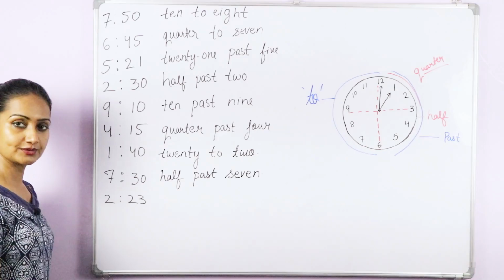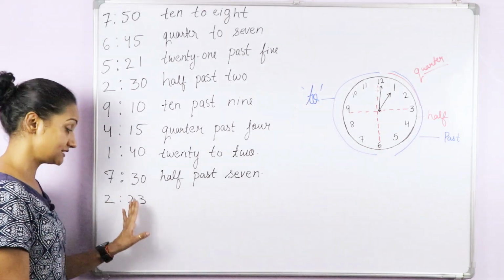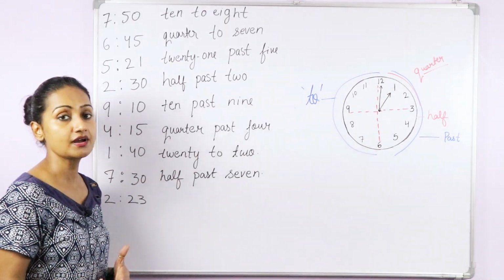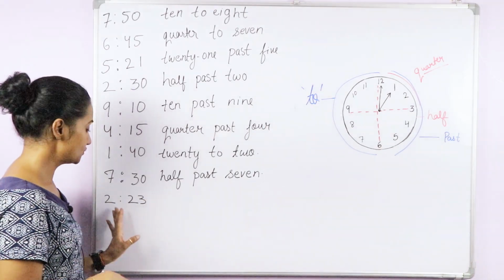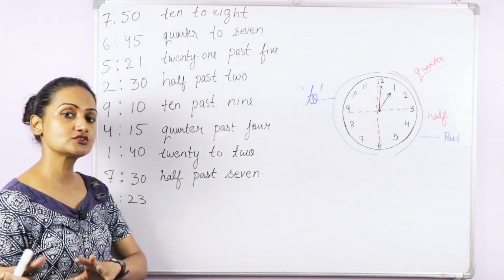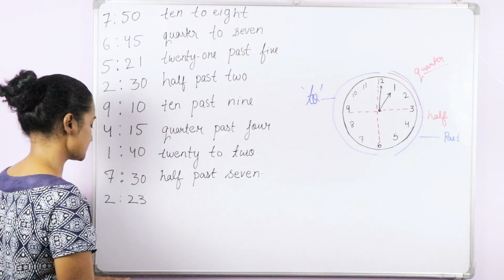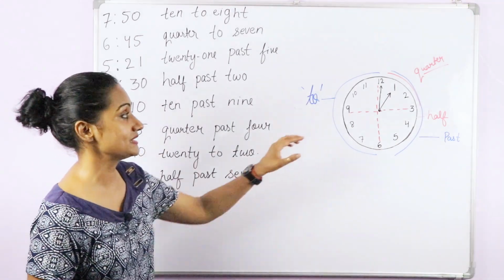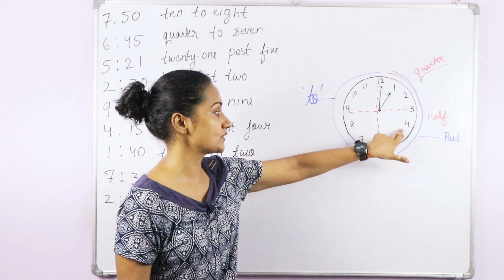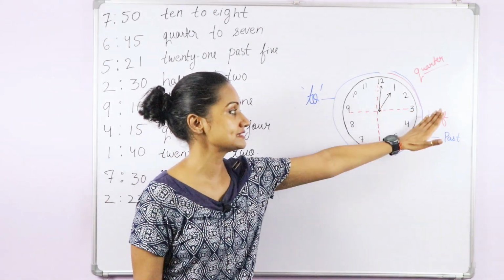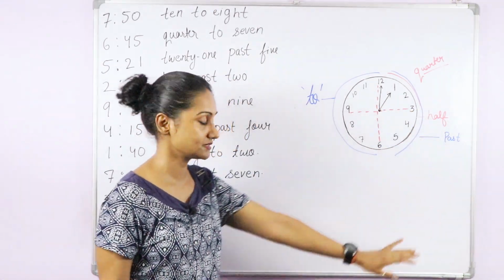Half past 7. Last one is 2:23. You can round it off. You can make it 2:25, but if you want to be specific, that is also correct. Okay, so 2:23 means the minute hand is somewhere here. Again in this half, so we're going to use 'past'.